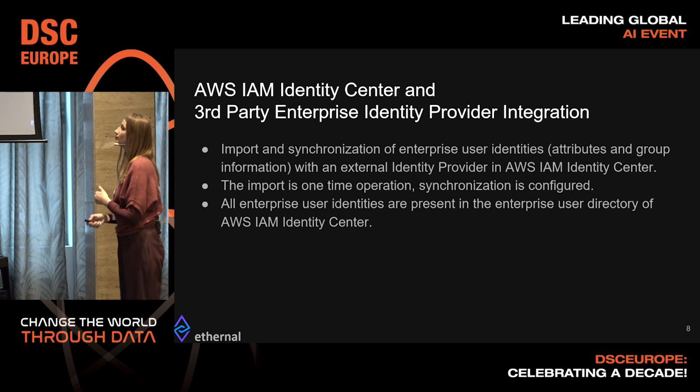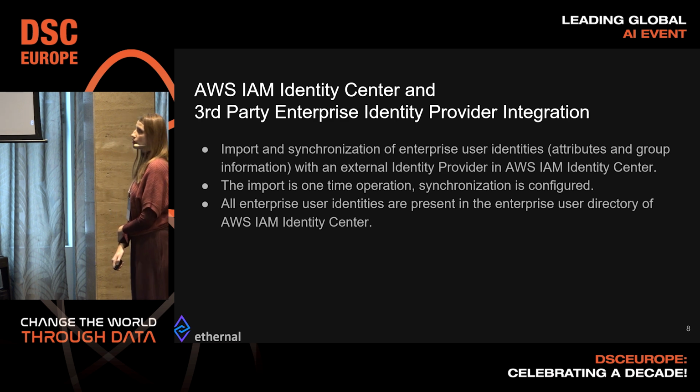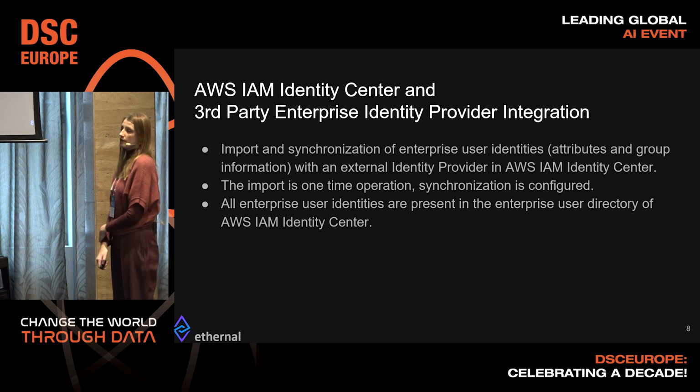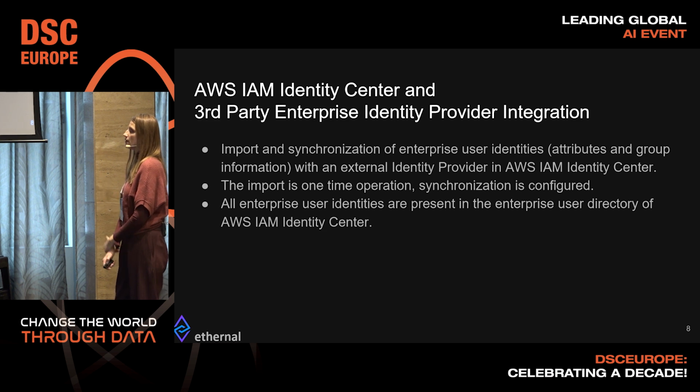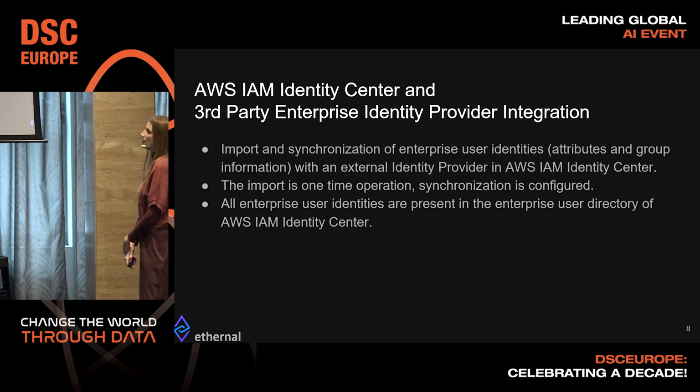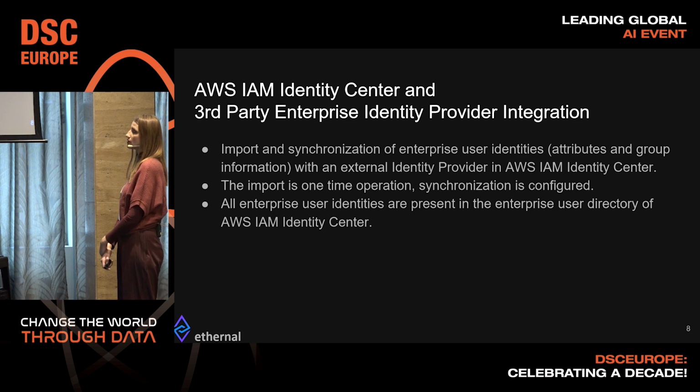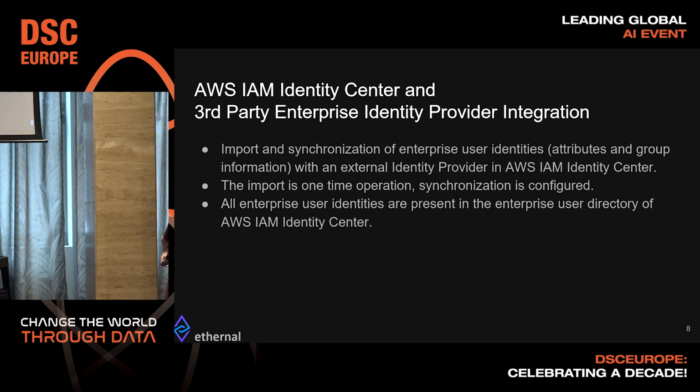As I said, in the first integration that I mentioned, we import and synchronize users in the user directory within AWS. We exchange and save user attributes and the group information. We don't save credentials or any other security information about the users, just user attributes and group information.